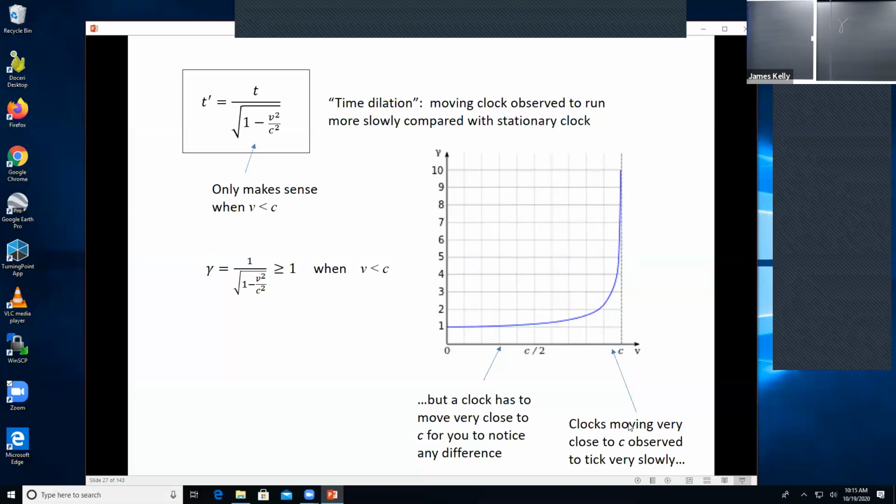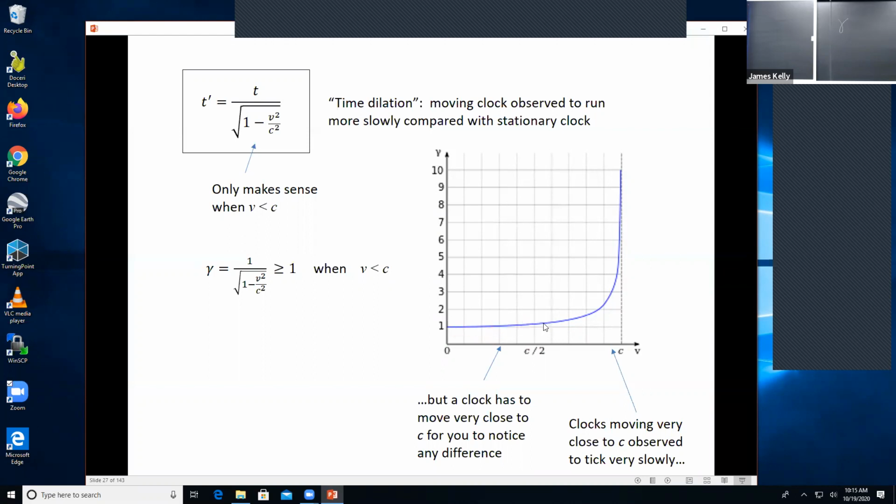Okay, so that means that clocks moving very close to c are observed to tick very slowly. The time it takes a clock that's moving by you very quickly to tick is going to be much longer compared to the corresponding clock when viewed at rest. It's going to be observed to tick slowly. But this curve is also showing us that a clock has to move very close to c for you to notice any difference.